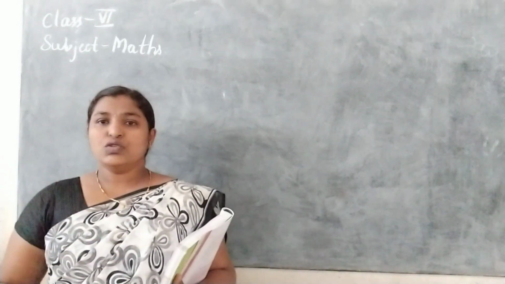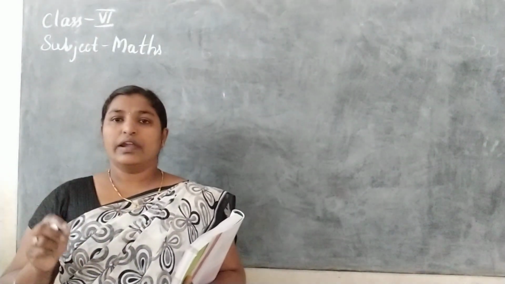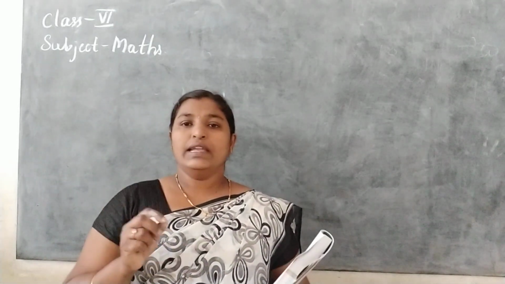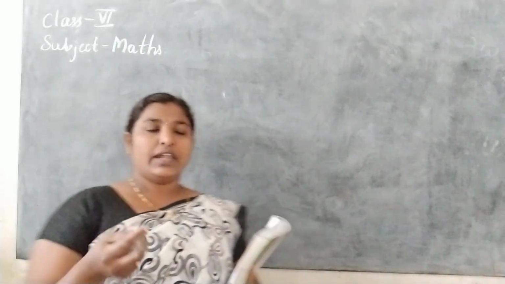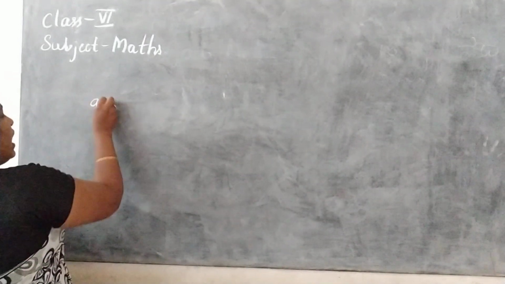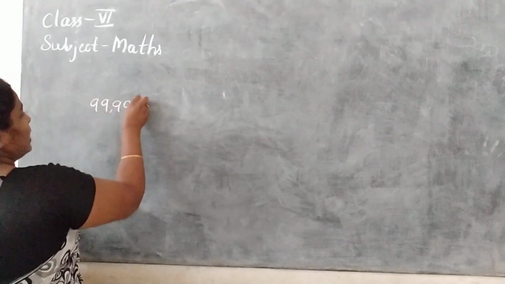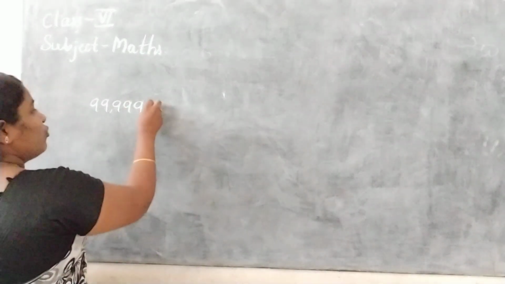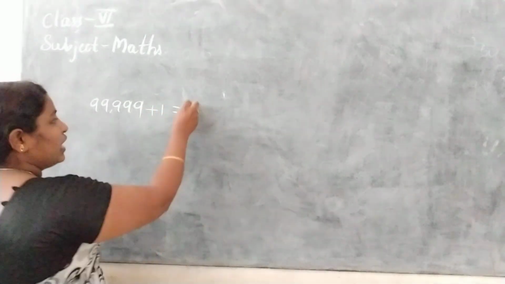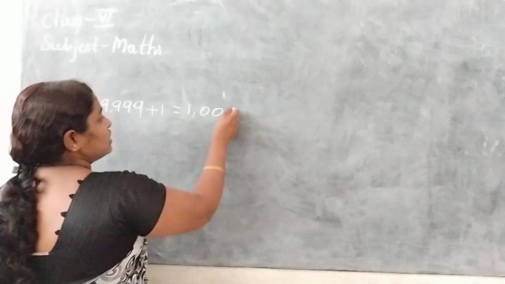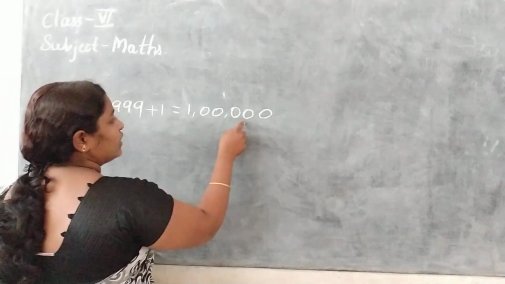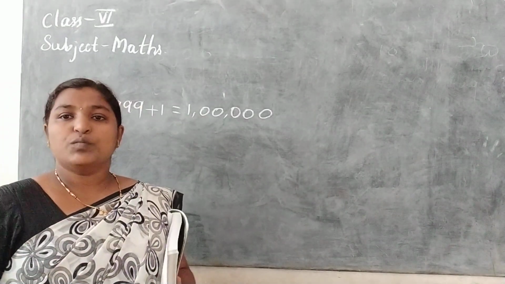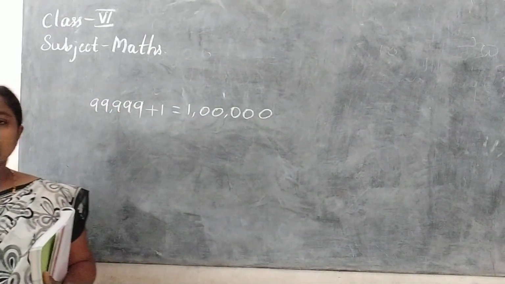So like this, if we add 1 to the greatest 5 digit number, 99,999, we will get the smallest 6 digit number.